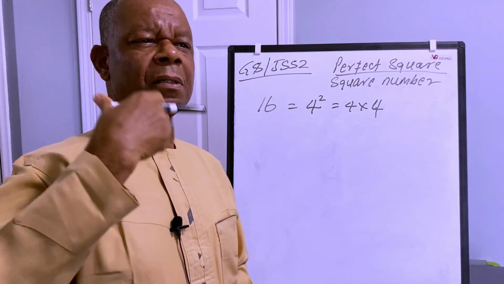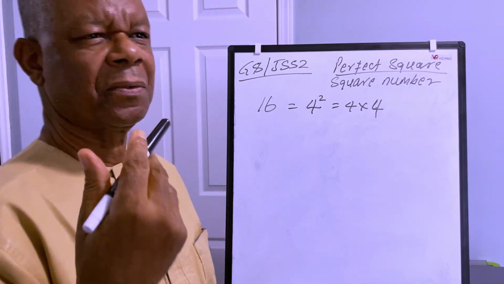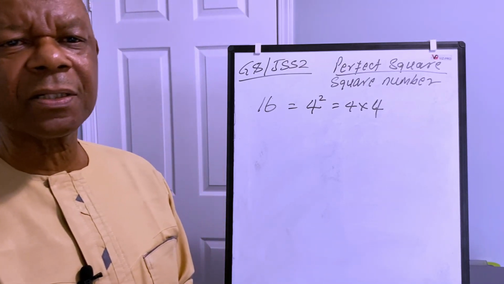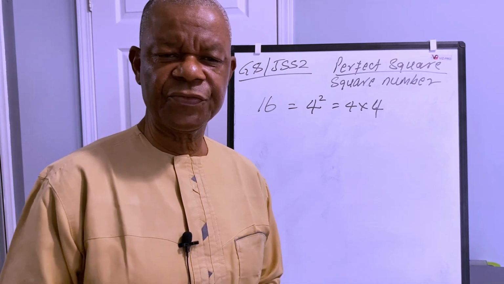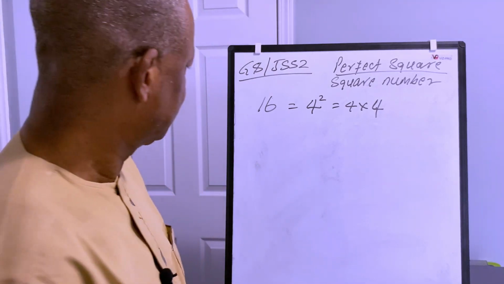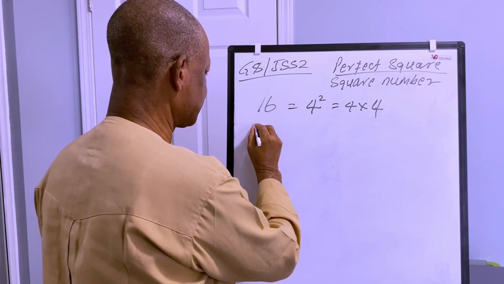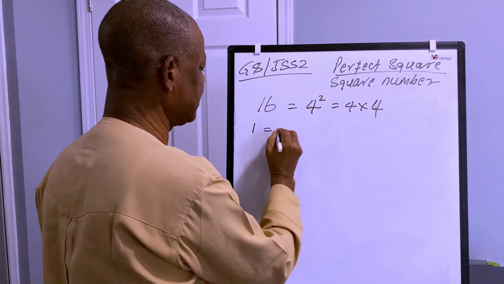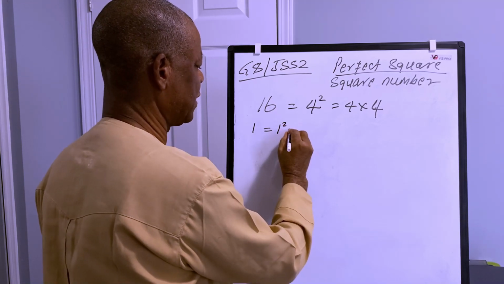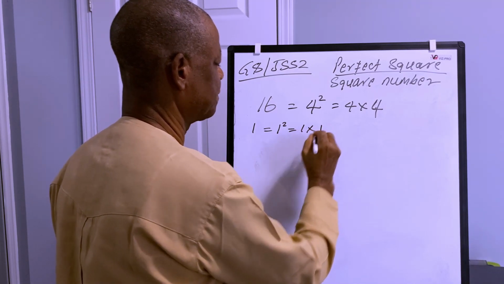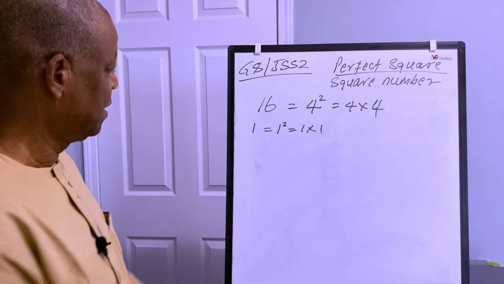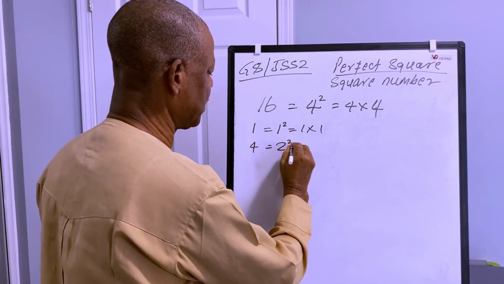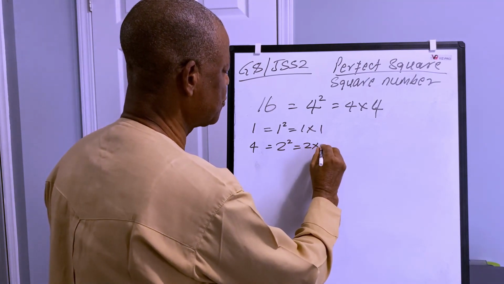Now we have 1. 1 is a perfect number. Why? Because 1 times 1 will give you 1. Let's have an example up to a certain point. This 1 is a perfect number because 1 is 1 square, which is 1 times 1. 4 is a perfect number because 4 is 2 square, which is 2 times 2.